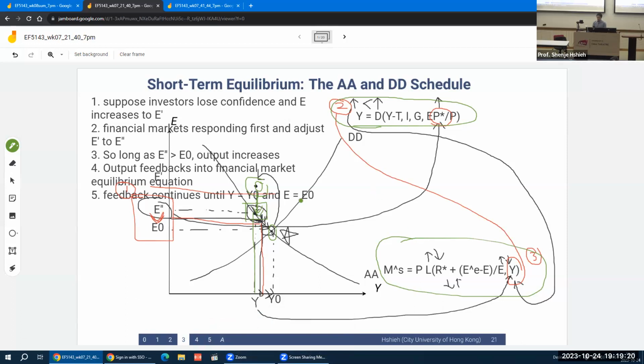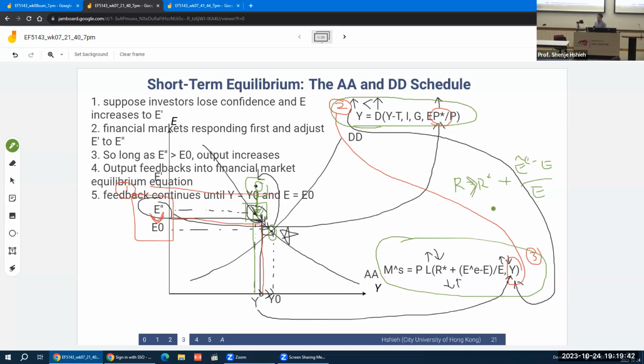So what that means is you have R equals R star plus (E hat minus E) over E, right? And we are at an E that's too high. In other words, that's going to cause movement this way, right?